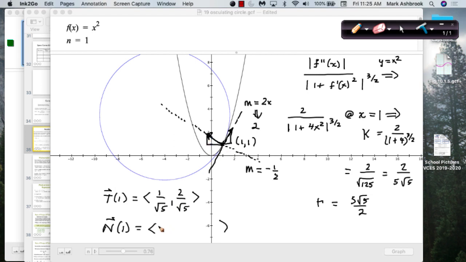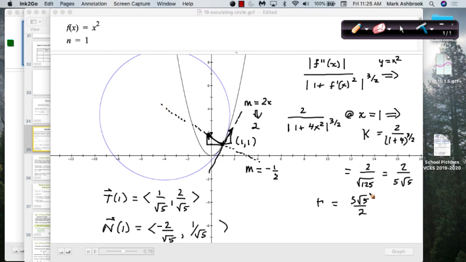Therefore, -2 over radical 5 and positive 1 over radical 5, because it's over 2 and up 1 now, but over to the left. The dot product of those two needs to be 0, right? Orthogonal. It is. Okay, I think we're getting close, right? So we've got the unit normal, and that's the direction that's pointing right at the center.